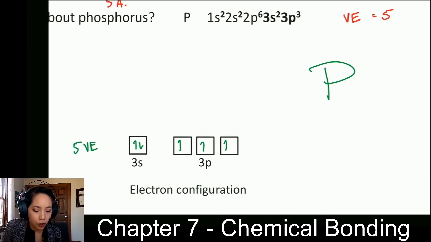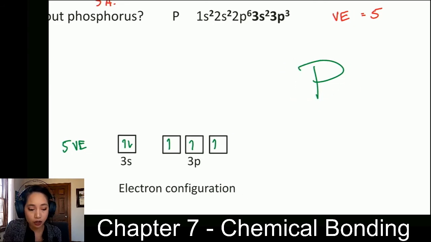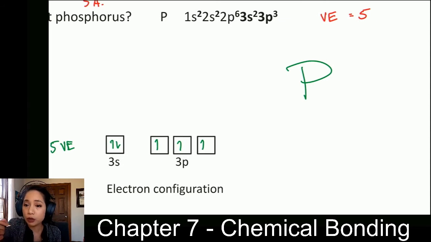All right. So using this electron configuration diagram, we need to reflect the electron pairing around our atom here in our Lewis dot structure. So to represent the Lewis dot structure, I will place those 2 electrons that were in our 3s orbital. So those are the 2 3s electrons.